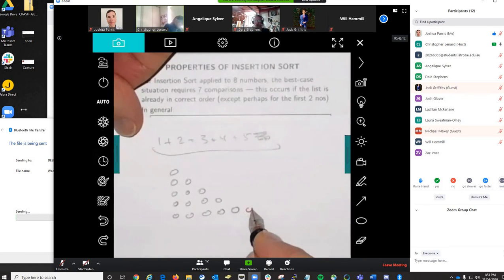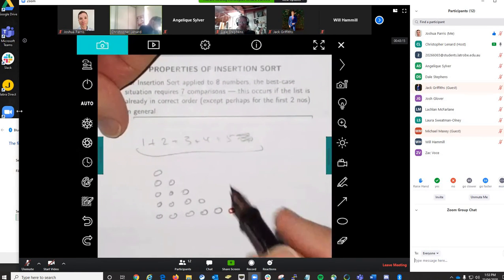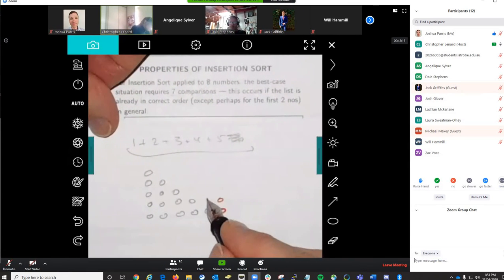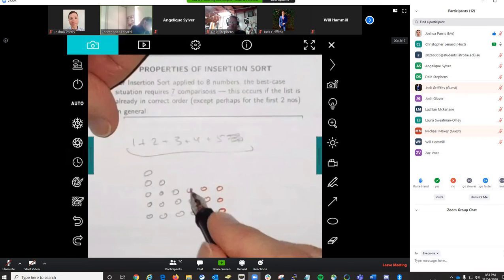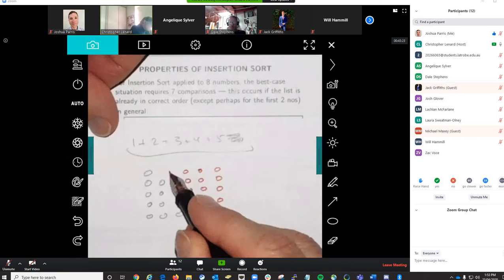Let's put 1 there. I've done this in red. 2, 3, 4, 5.